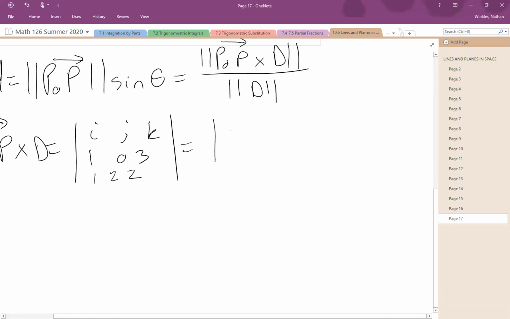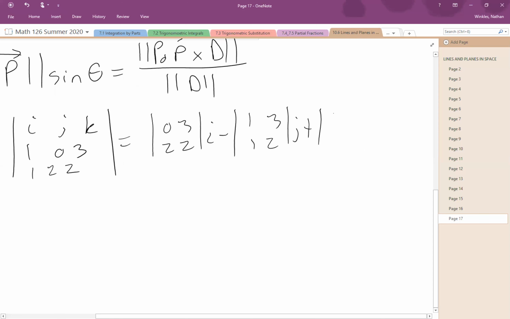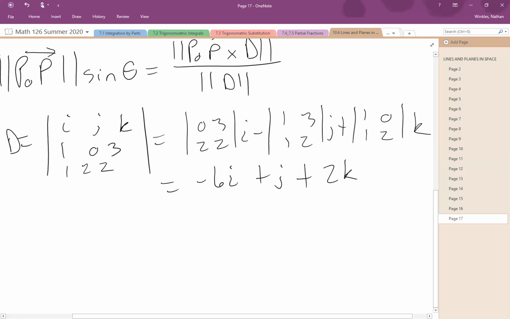So this is (0 times 2 minus 3 times 2) times i, minus (1 times 2 minus 3 times 1) times j, plus (1 times 2 minus 0 times 1) times k, or in other words, minus 6i plus j plus 2k. So we need to calculate its magnitude now.